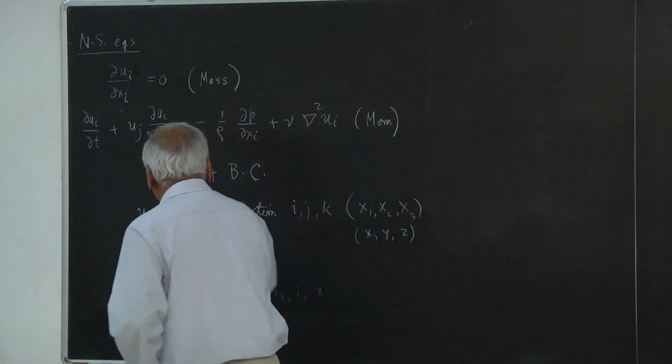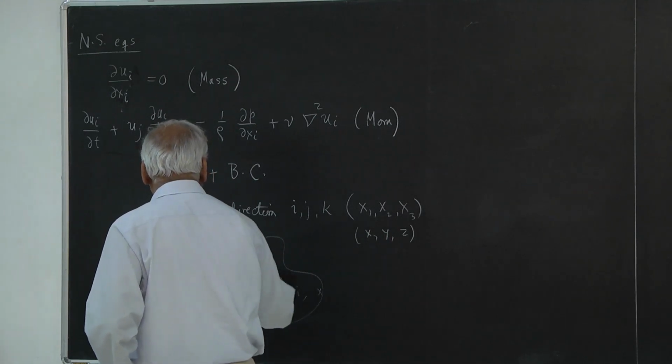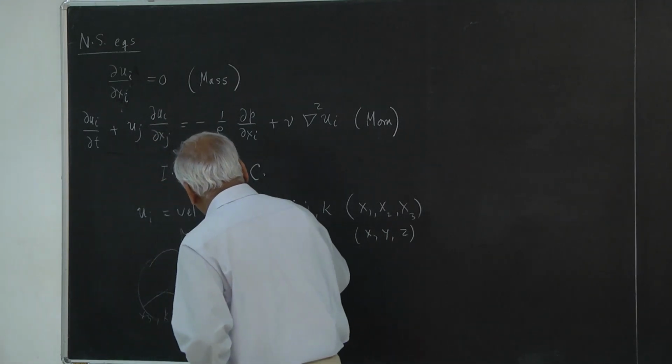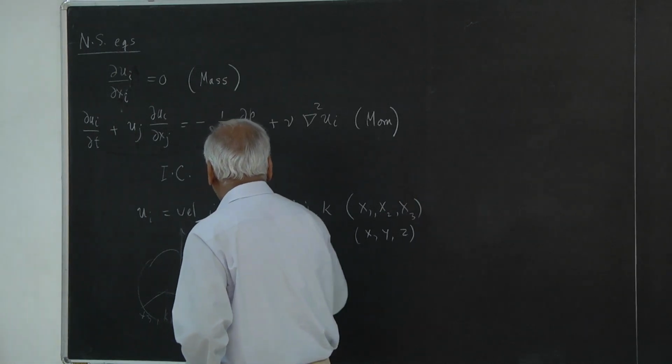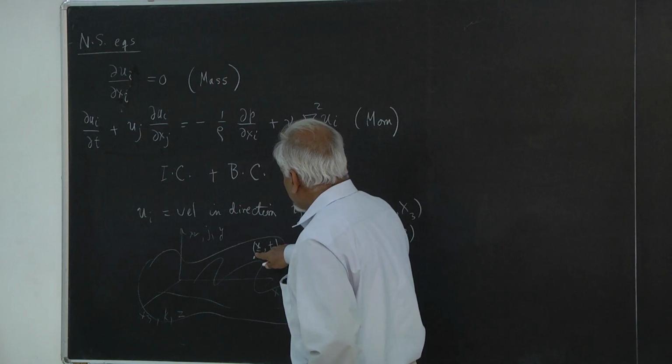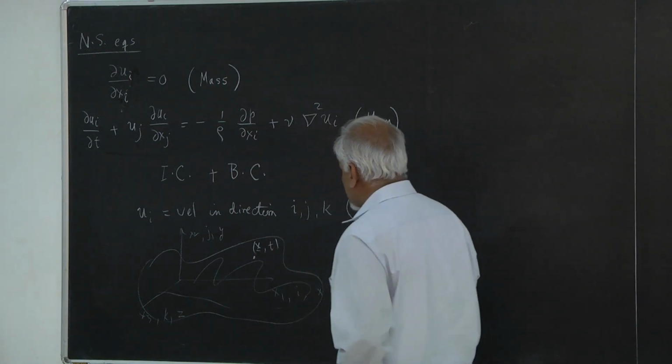So you have a flow of some sort in this coordinate system, and you go to a position which is x and t. This x, this dash underneath says it's a vector.